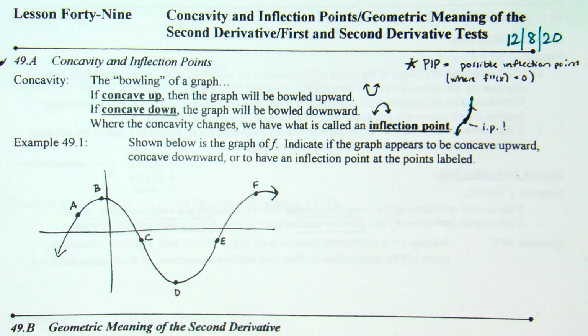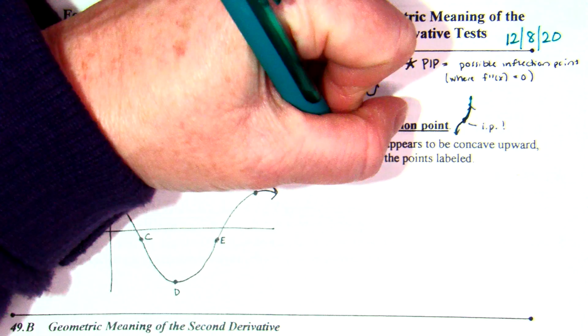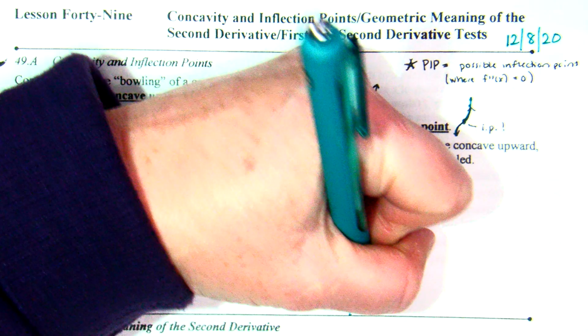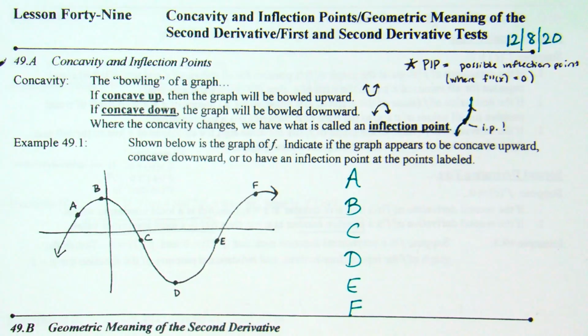Okay, so as we look at each of these points, point A, and actually we're going to go through all of these points, A, B, C, D, E, and F. What do you think is happening at point A? Is the graph concave up, concave down, or is it an inflection point in between?